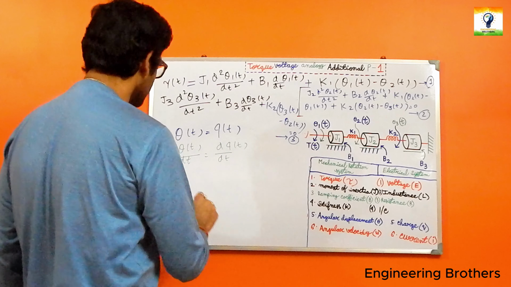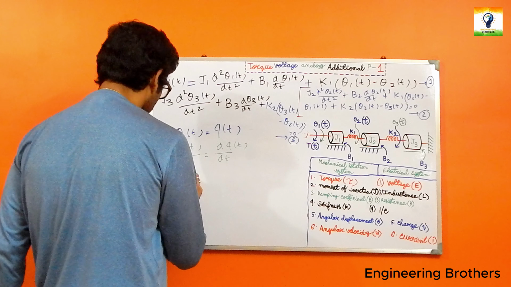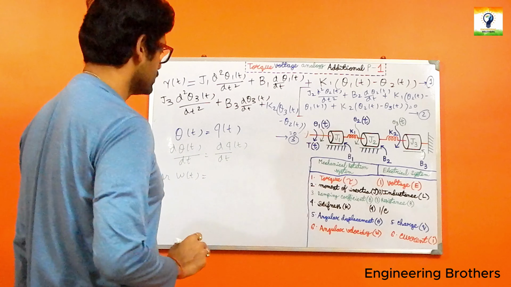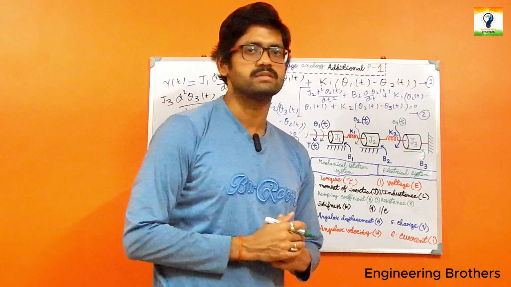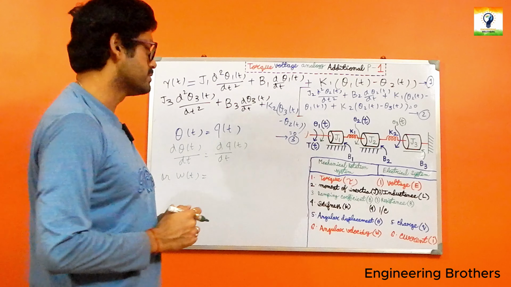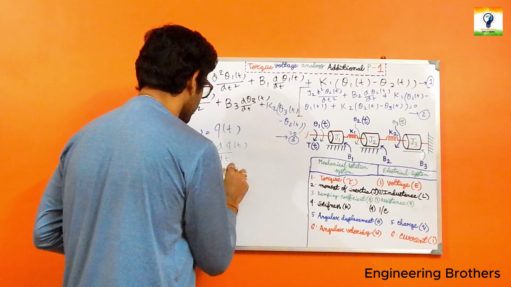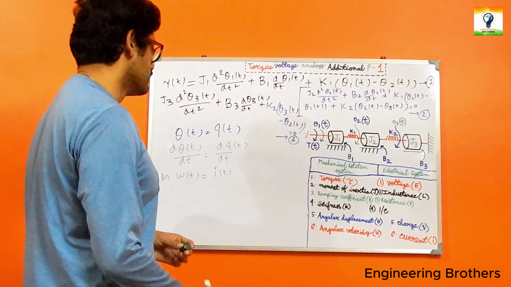So quite naturally this is our omega t, and according to our definition, the rate of change of charge with respect to time leads us to our it. So it is our dqt by dt.